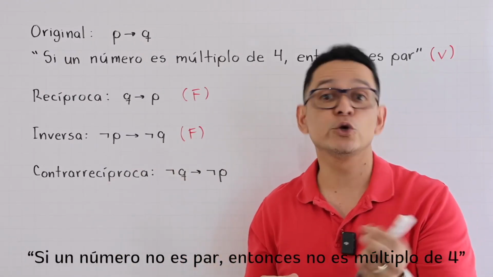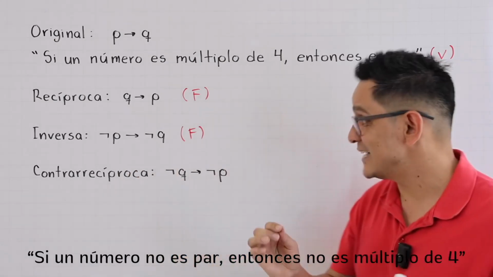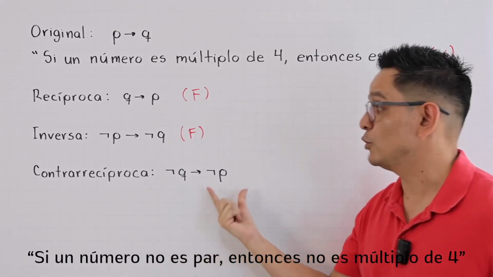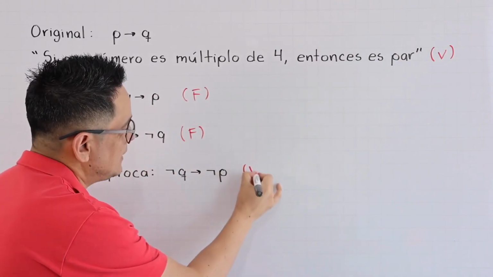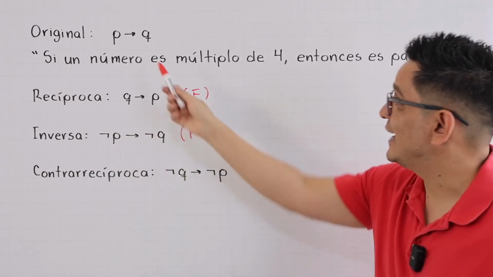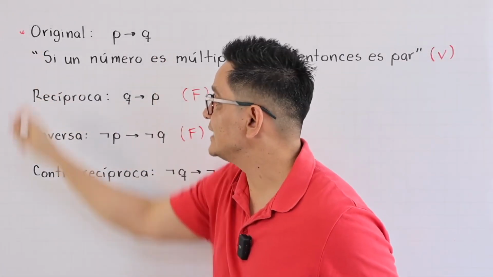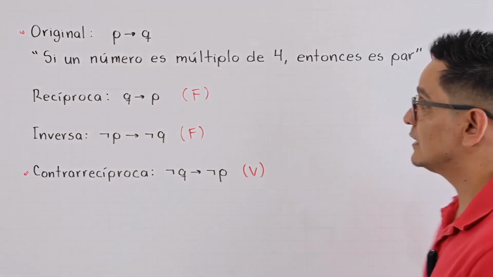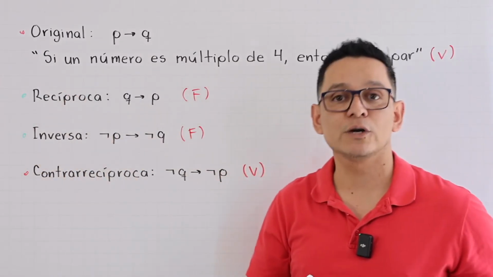Or, for example, 21 is not even, and it is also not a multiple of 4. So necessarily, if a number is not even, it will not be a multiple of 4. Therefore, this proposition will be true. And notice that what I told you before has just been confirmed: the original proposition and the contrapositive always have the same truth value, and the converse and the inverse also share the same truth value.